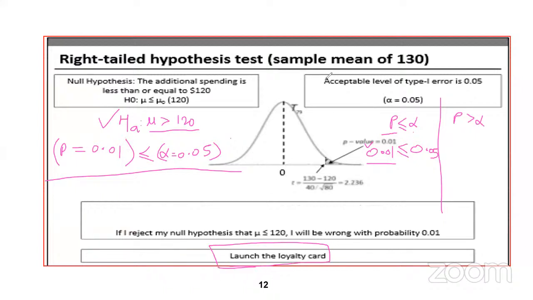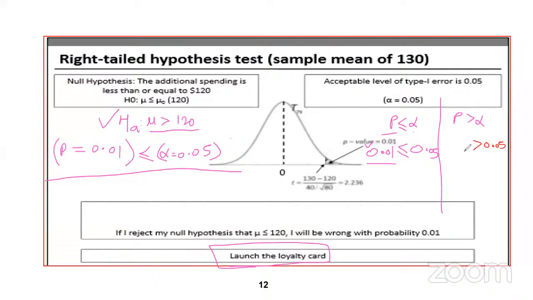Another scenario can be, what if the p-value is greater than alpha? So again, alpha is 0.05. That means 5% loss is bearable. 5% error is adjustable.